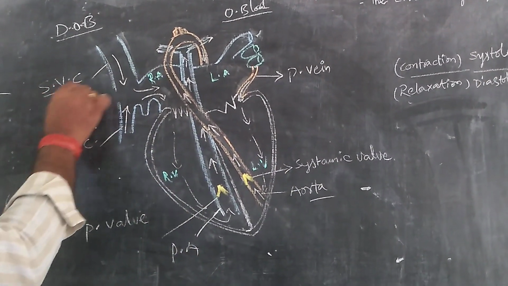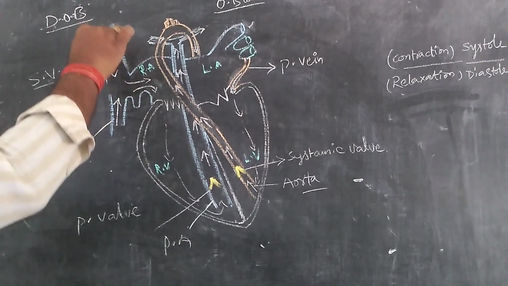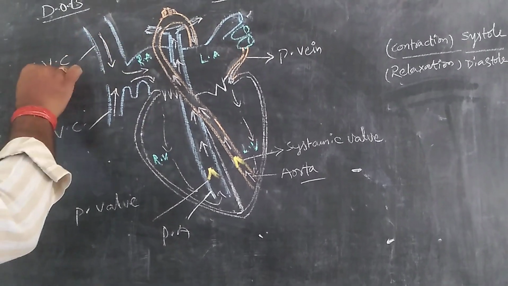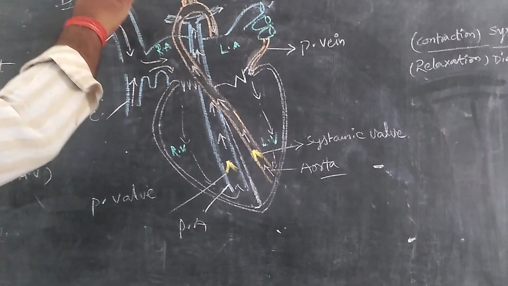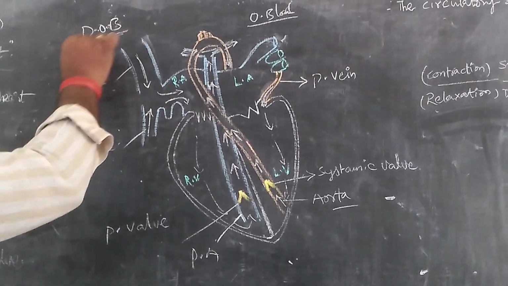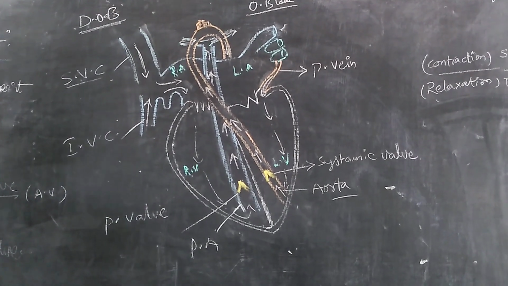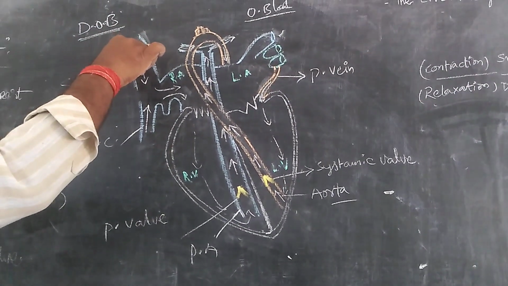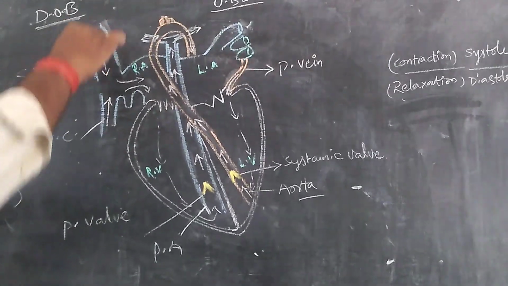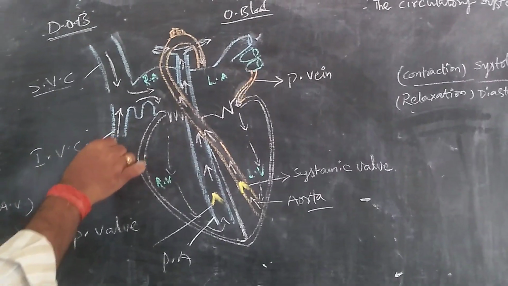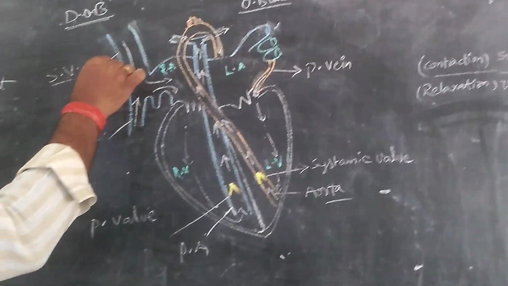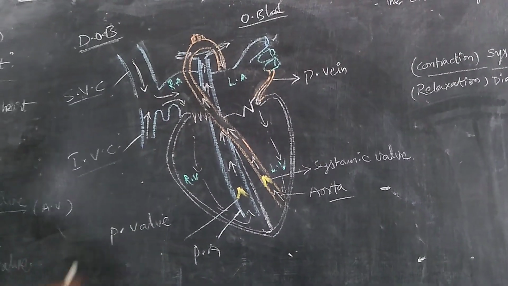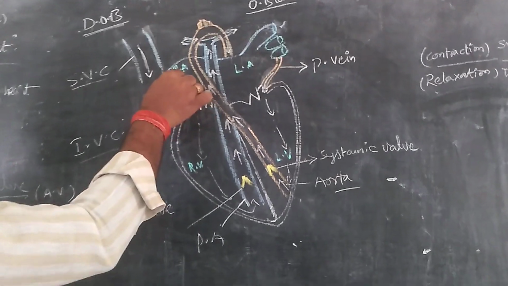See, this is called the superior vena cava. This is called the inferior vena cava. Through the superior vena cava, the deoxygenated or impure blood is collected from the head and neck, and hands and legs, through the superior vena cava or pre-caval vein and the inferior vena cava or post-caval vein, respectively, towards the atrium.